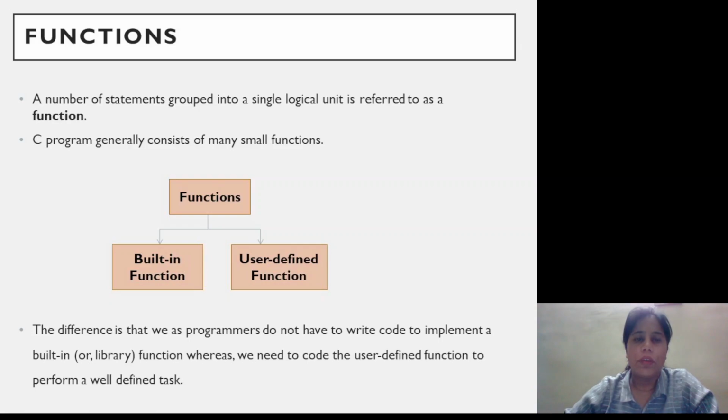A C program generally consists of many small functions. The difference between built-in and user-defined functions is that we, as programmers, do not have to write code to implement a library function, whereas we need to code the user-defined function to program a well-defined task.